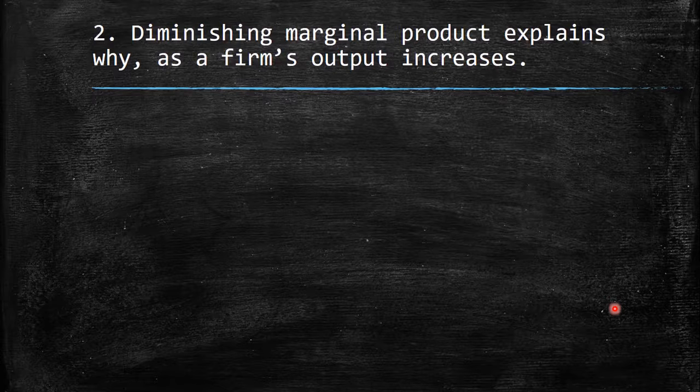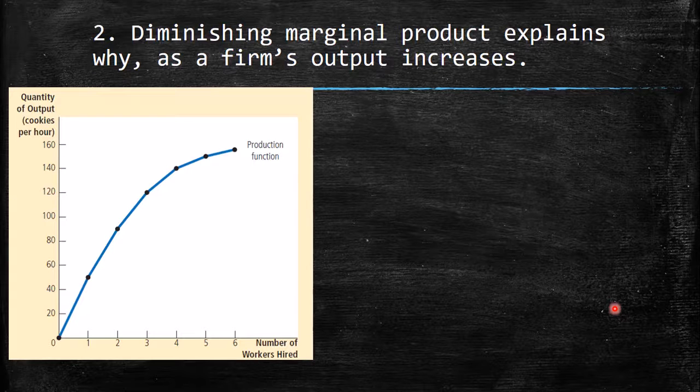Then the second one says diminishing marginal product explains why as a firm's output increases. So first we need to remember, what do we refer to when we talk about diminishing marginal product?